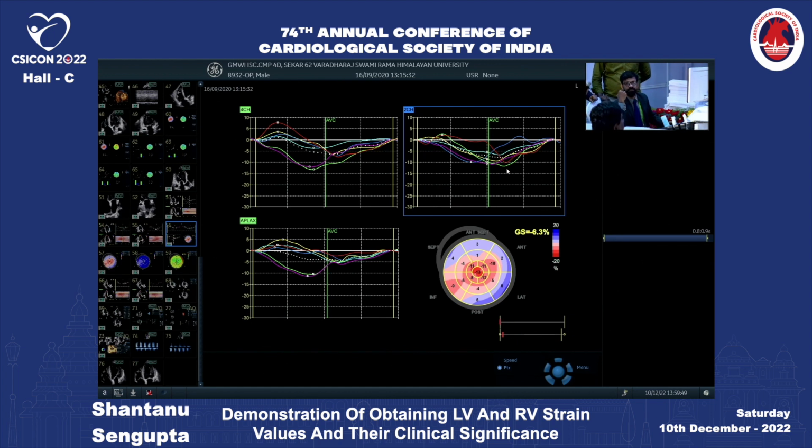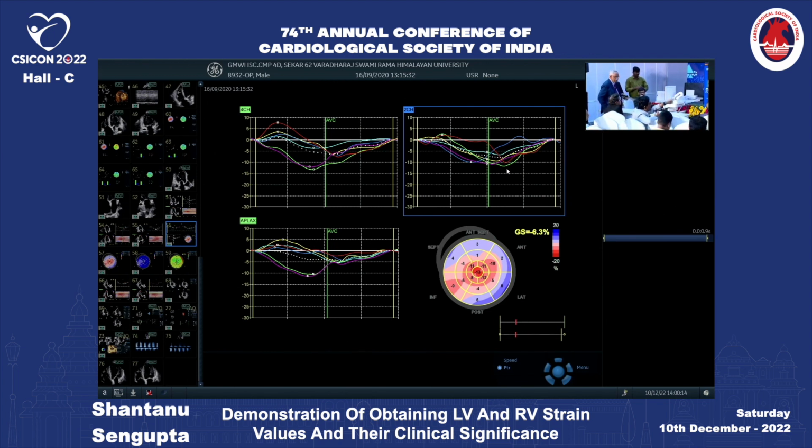This post-systolic contraction is a sign of ischemia. That is the number 1 point. Sometimes post-systolic contraction can occur in younger individuals also. That is a normal variant. If it is so, it should occur in the first 20% of the aortic valve closure.